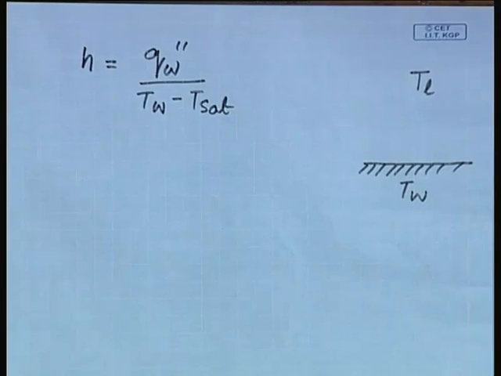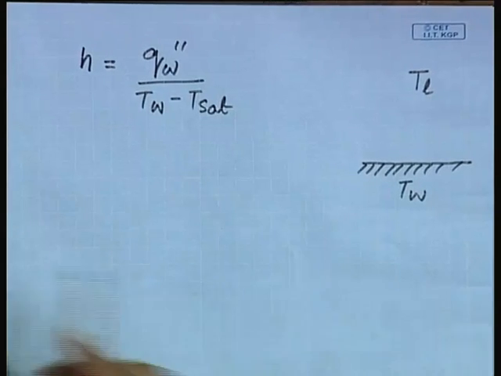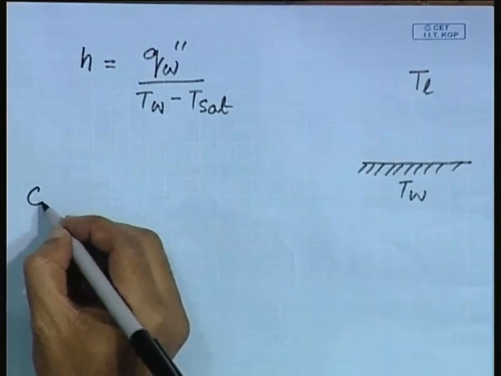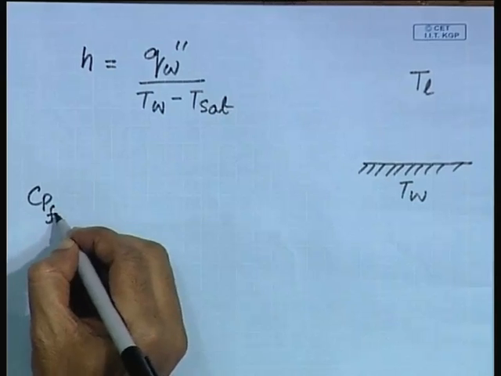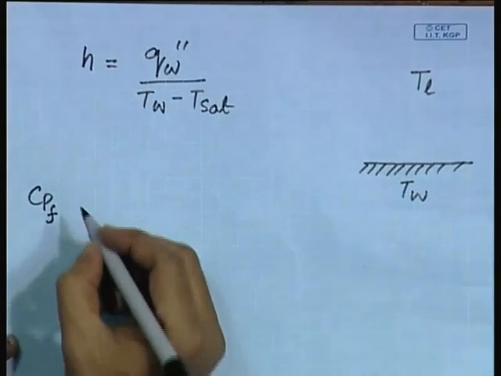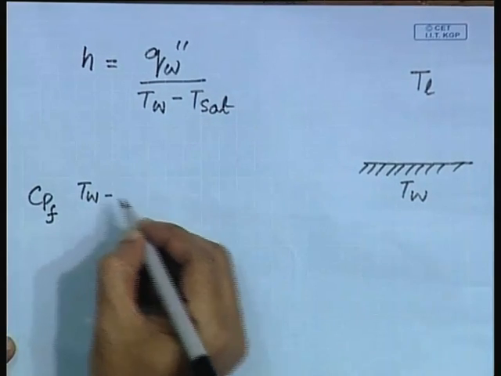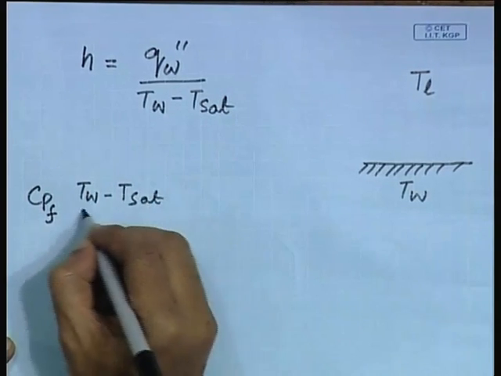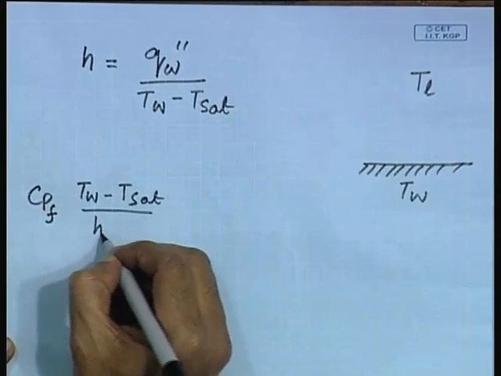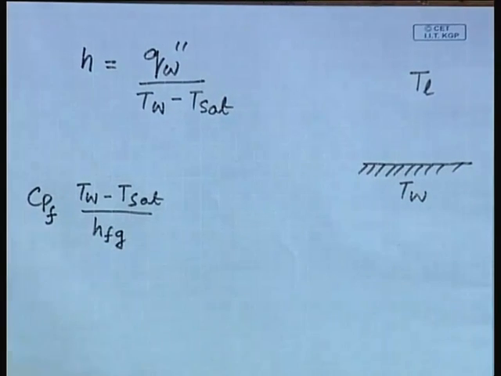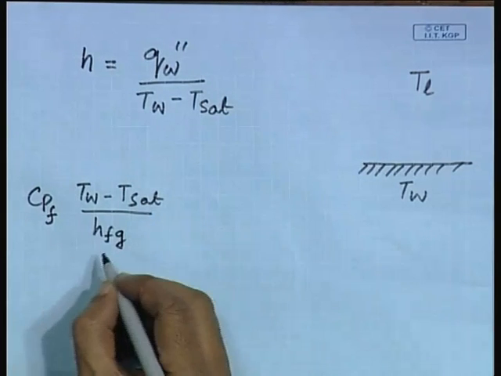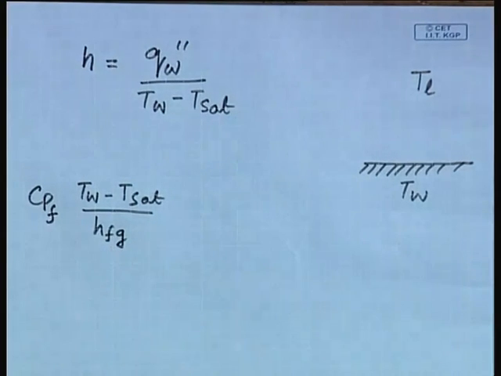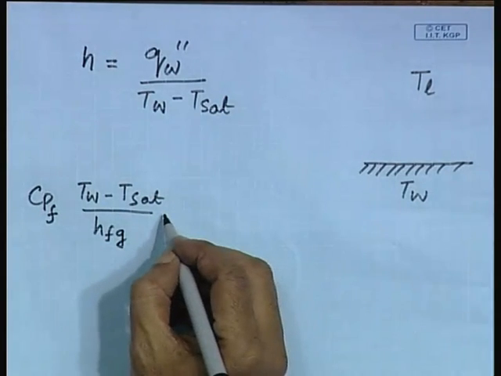Now, putting all these things together, one can have Cpf, or L, that is the liquid side, times TW minus Tsat, by HFG, your latent heat of vaporization. Again I am telling you, F represents the liquid and G represents the vapor.